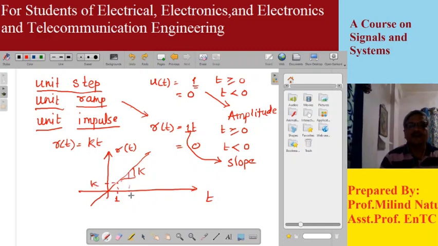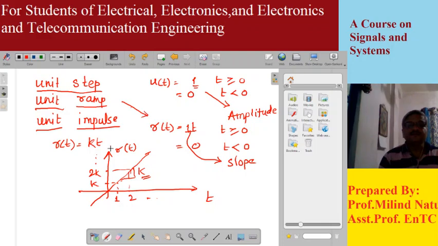At time t equal to 2, the amplitude will be 2k, and so on. If you compute the slope of this line, you will observe that the slope is equal to k, and that's why the coefficient associated with t indicates the slope of the signal.